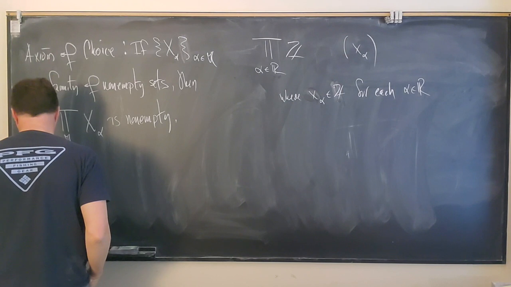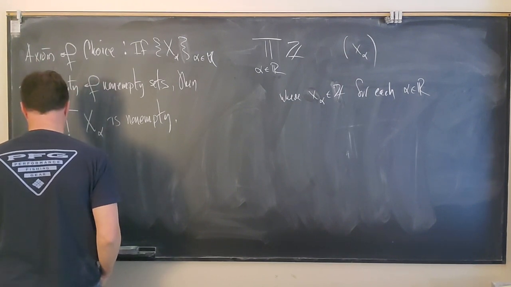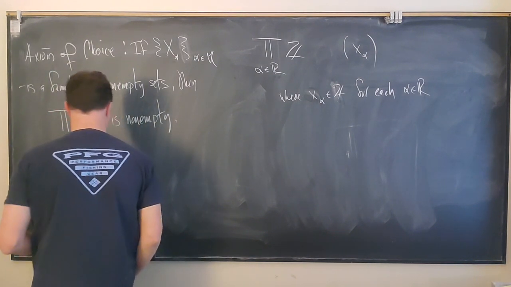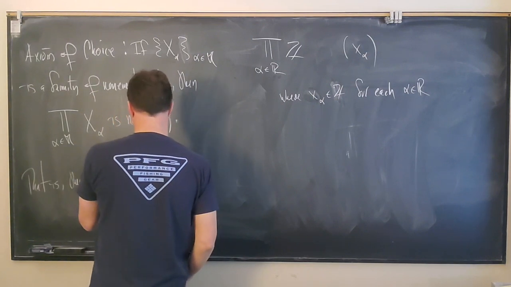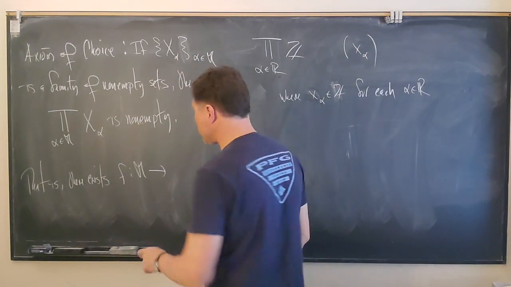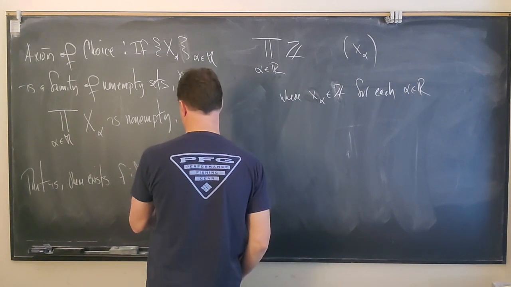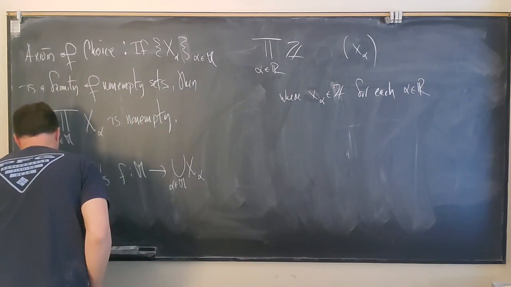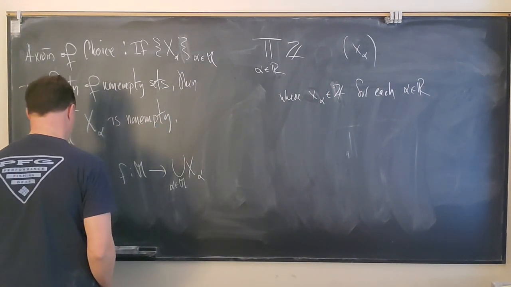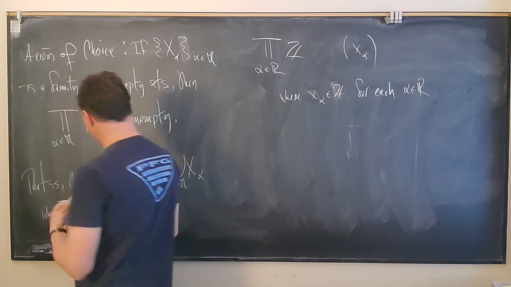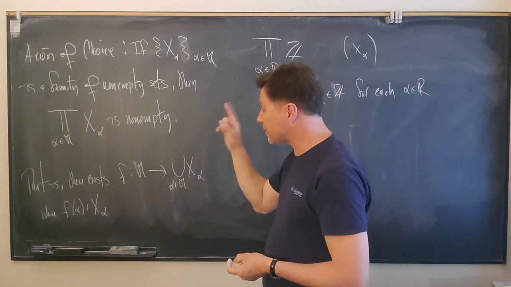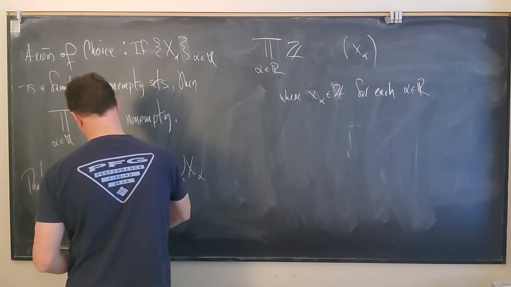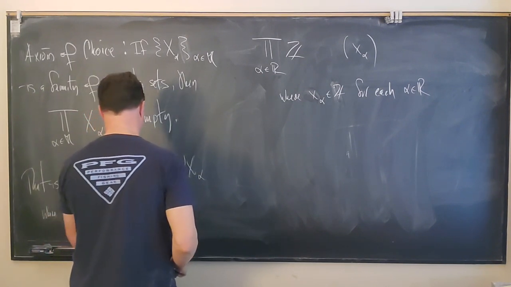So let's just expand on that. That is, there exists a function f from alpha to the union of the x of alphas, where f of alpha is an element of x of alpha, and such an f, there exists at least one function, and such an f is called a choice function.